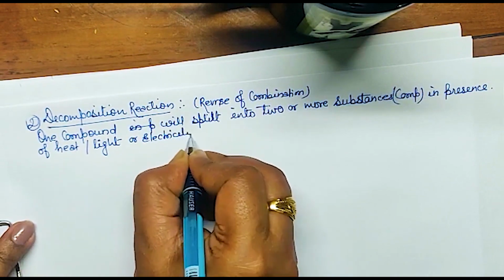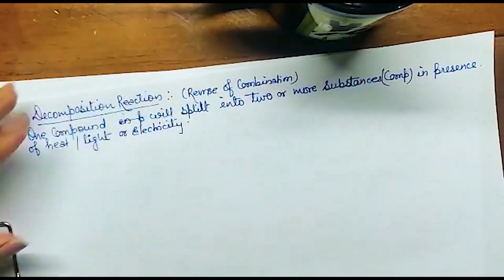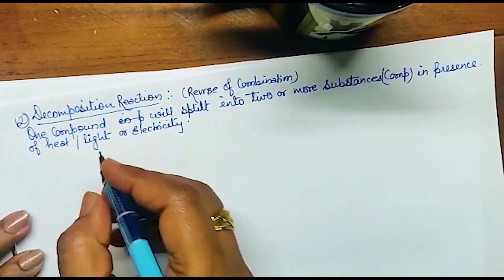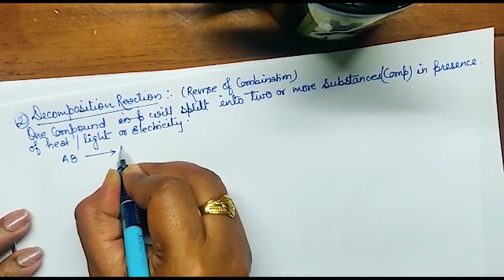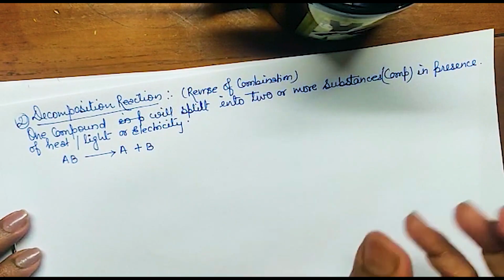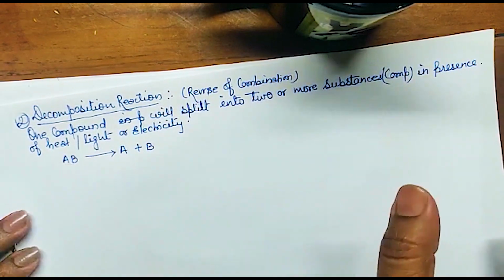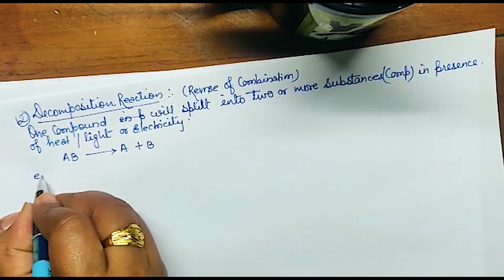So we have to provide some energy due to which it undergoes decomposition. If you write the format, it was AB, and then it will split into A plus B. Got it? Like this, two new substances will form, or more than two. Okay? So let me do an example.